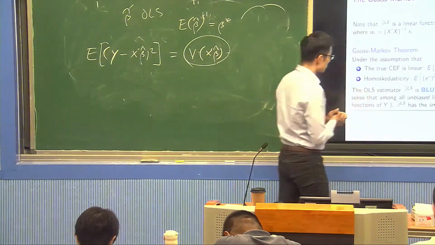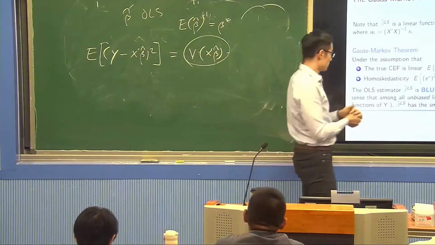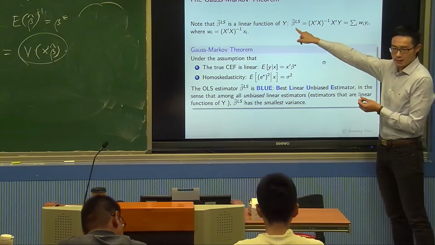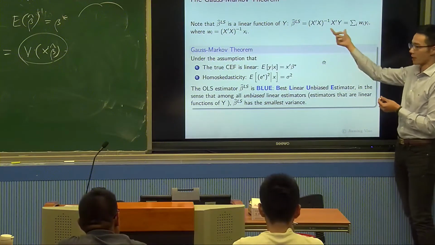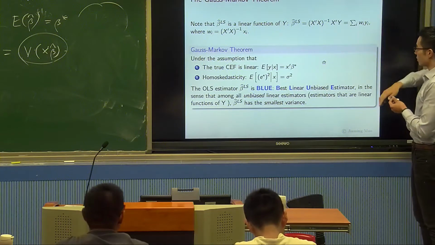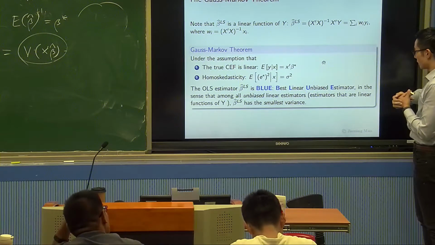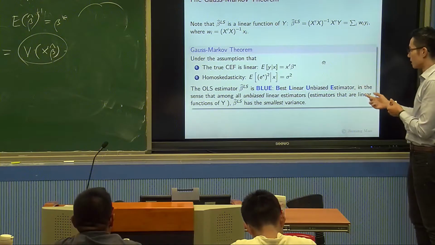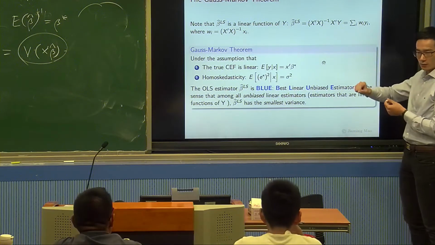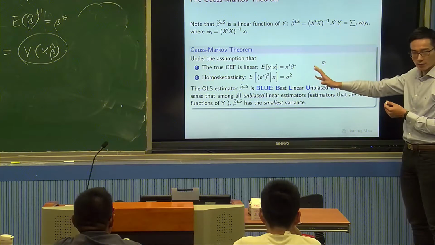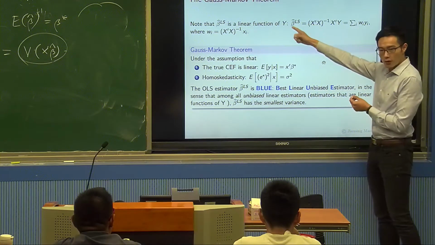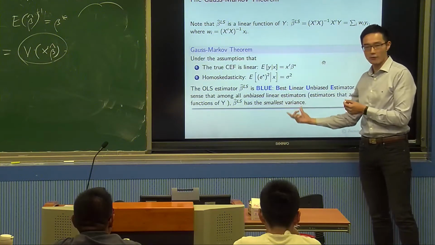Let's unpack it. A linear estimator means any linear function of y. The OLS beta hat is a linear function of y. Among all the linear functions of y, it is the best unbiased one, meaning among unbiased estimates, because we could have biased estimates, this OLS estimate has the smallest variance.